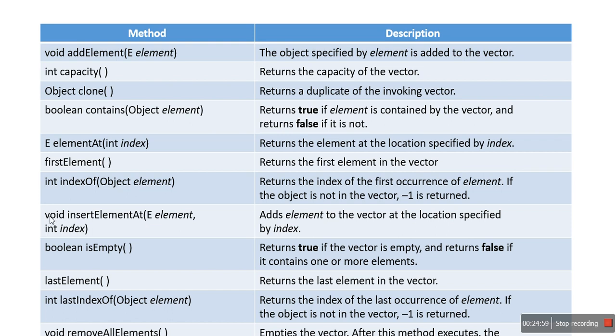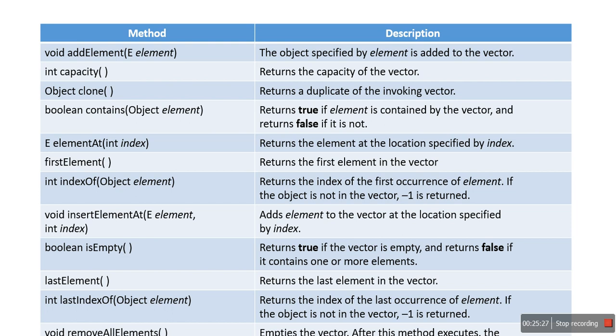So next, void insertElementAt. The return type void means you are just inserting. Here it takes the element and then the index. It inserts an element at a specific index.